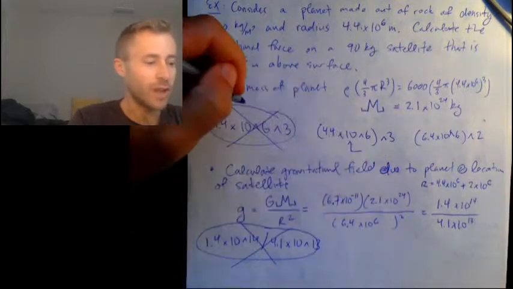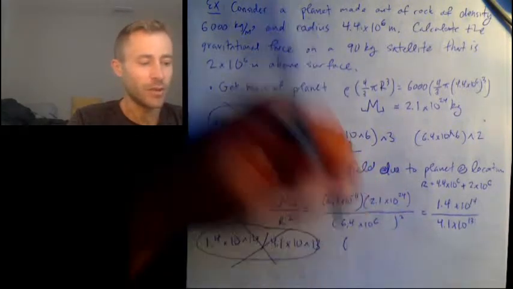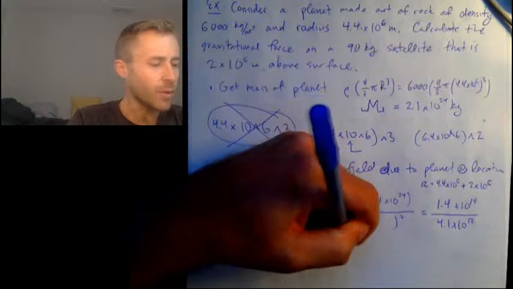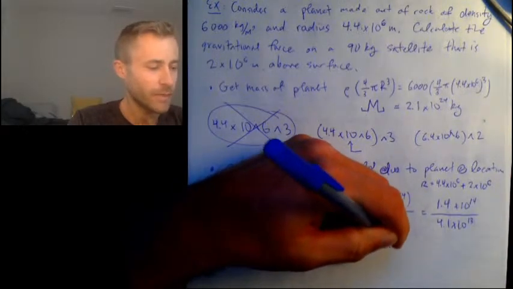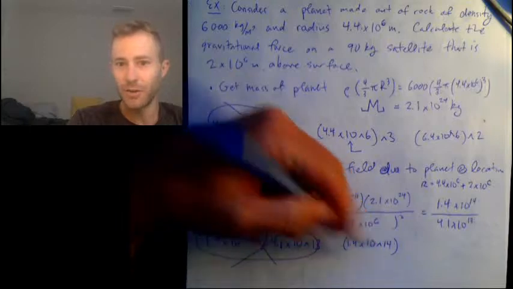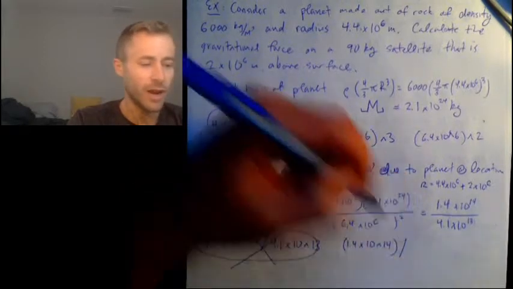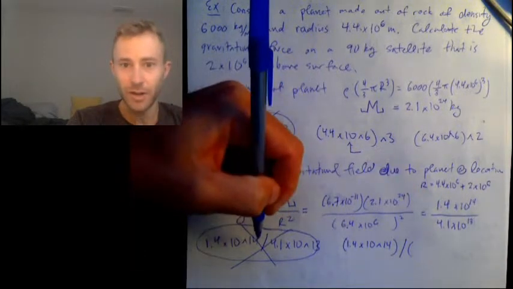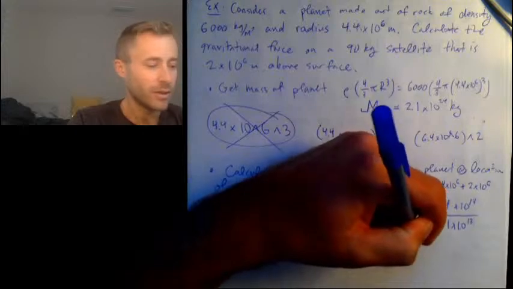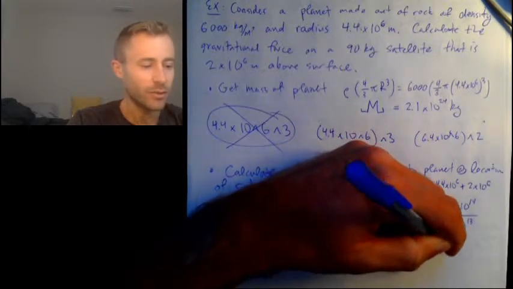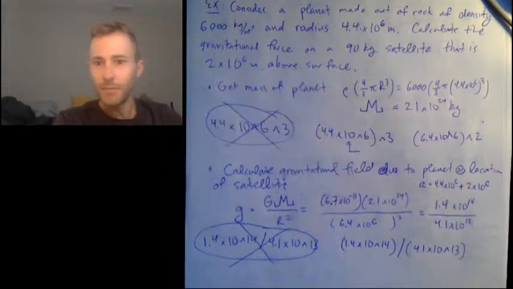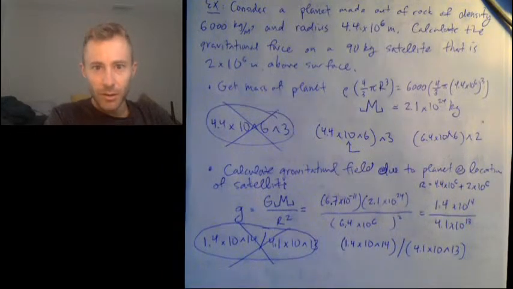So what you should type in is parentheses 1.4 times 10 to the 14th, so I've got the entire numerator in parentheses, divided by the entire denominator in parentheses, 4.1 times 10 to the 13th, like that. So that's what I'm going to type into my calculator. All right?